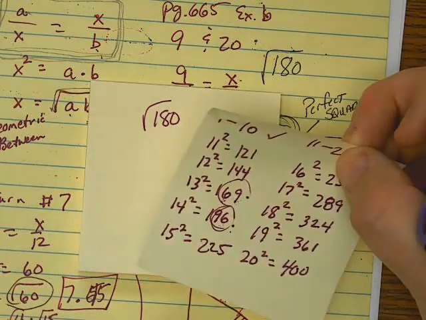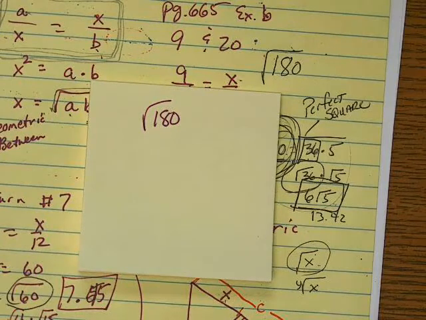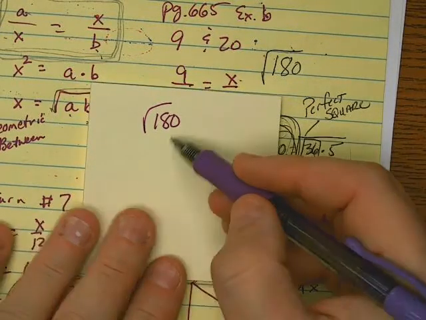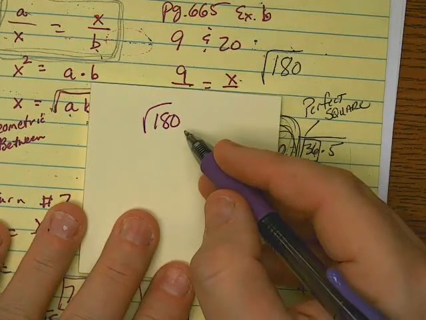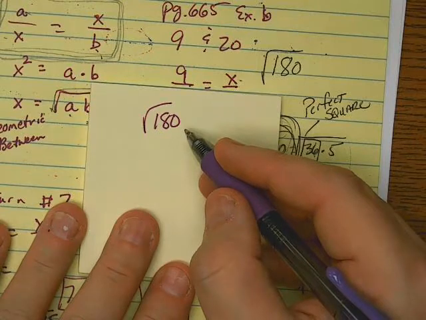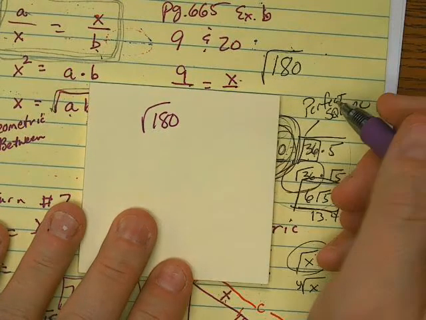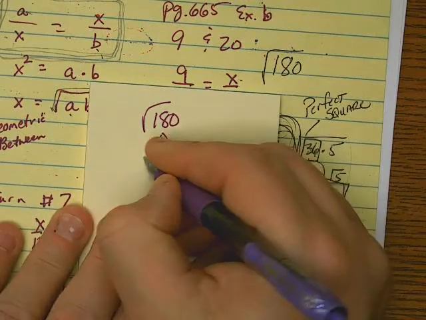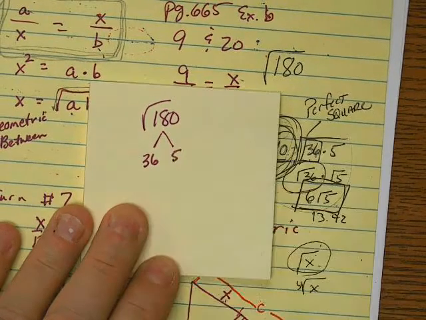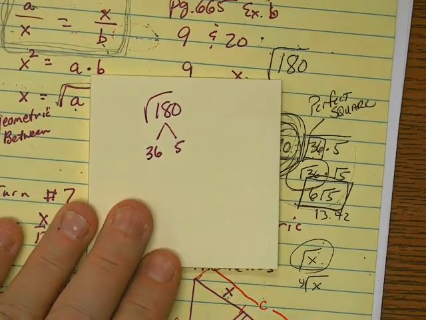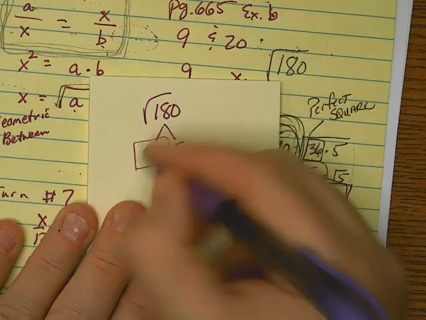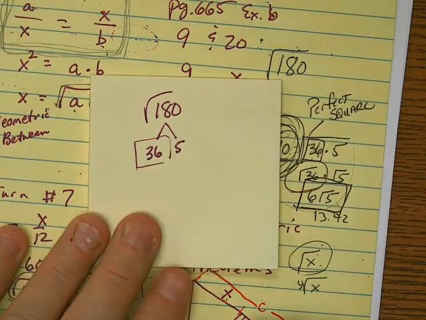However, the factors of 180, there is a perfect square. 36 times 5. And the reason why I use 36 is because it's a perfect square.